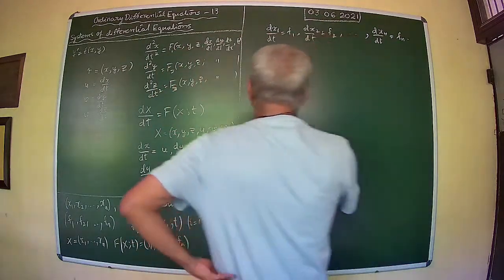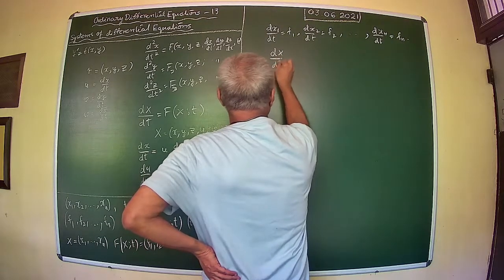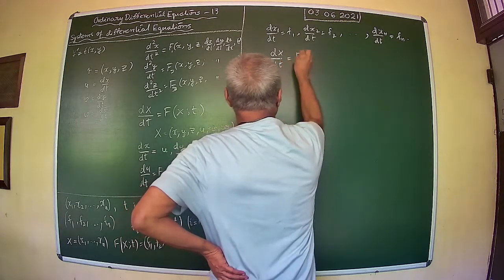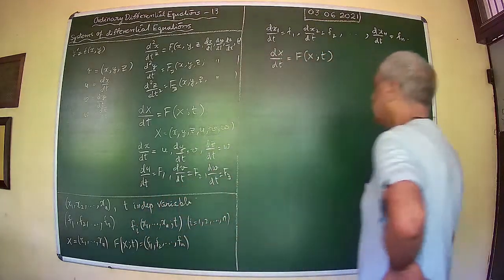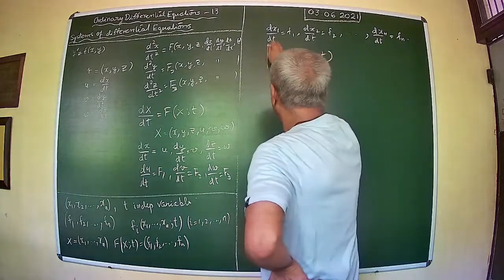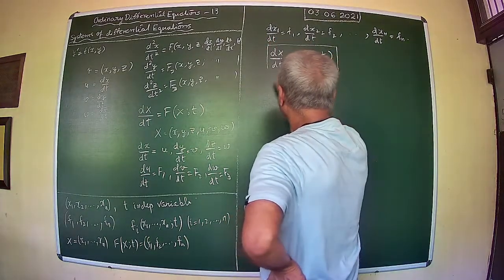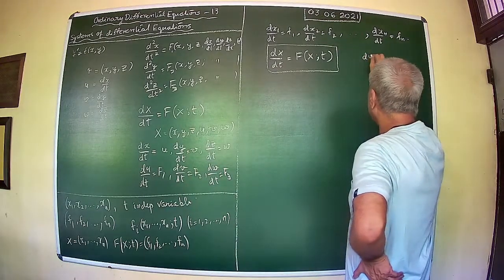So what you have is dx by dt equal to F of x, t, where t is the independent variable. This is how the system looks in a very compact notation, which you compare with the following: dy by dx.